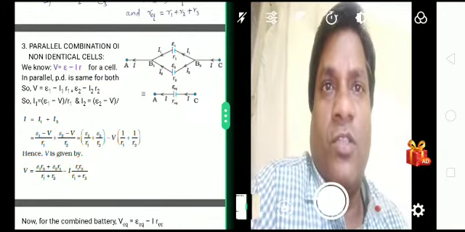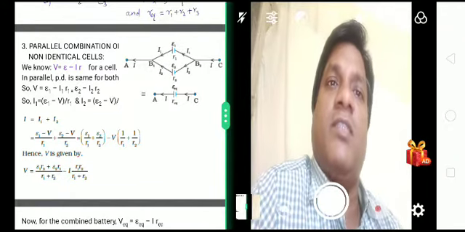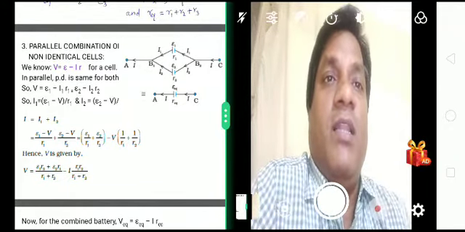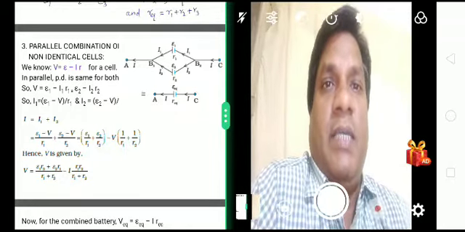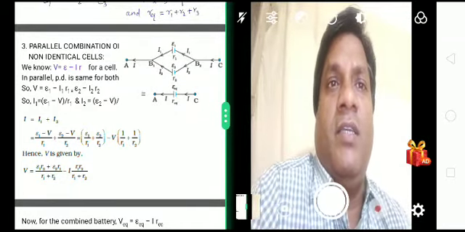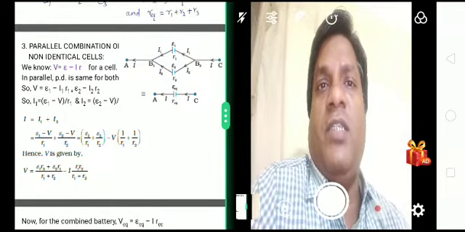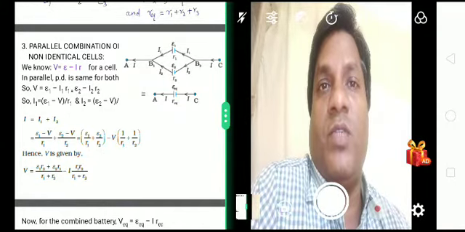Since they are connected in parallel, the potential difference, that means the terminal voltage across their ends, will be the same, that is V B1 minus V B2. This potential difference is the same for both the cells.